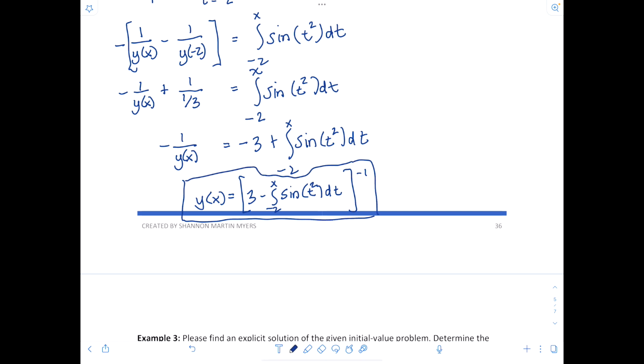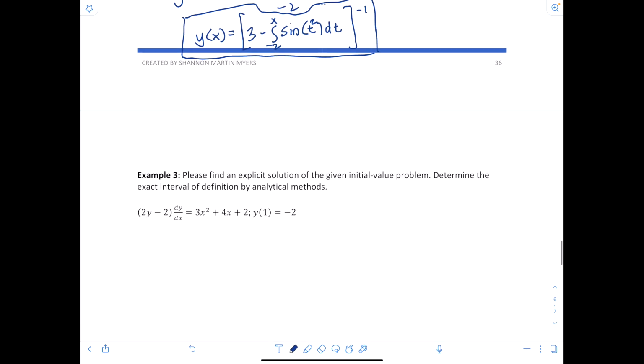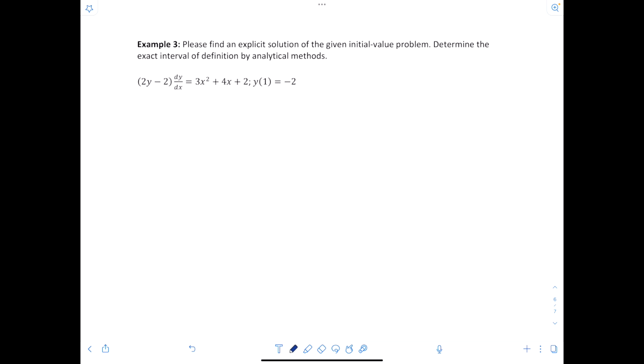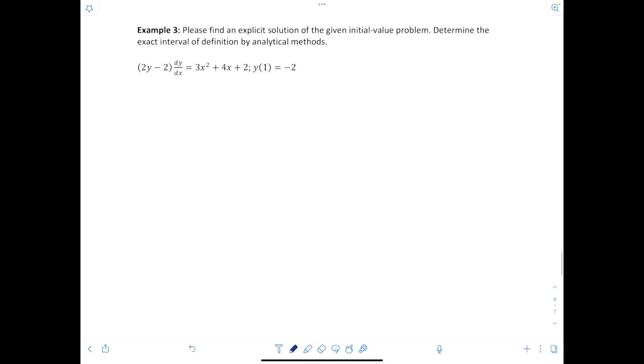Interesting, huh? Okay, example 3. Please find an explicit solution of the given initial value problem. Determine the exact interval of definition by analytical methods. So no computer. All right, so we have terms that have x only on the right side and terms that have y only on the left side.